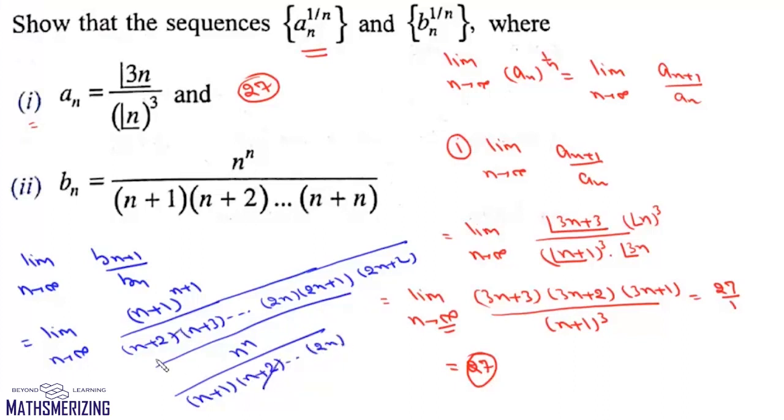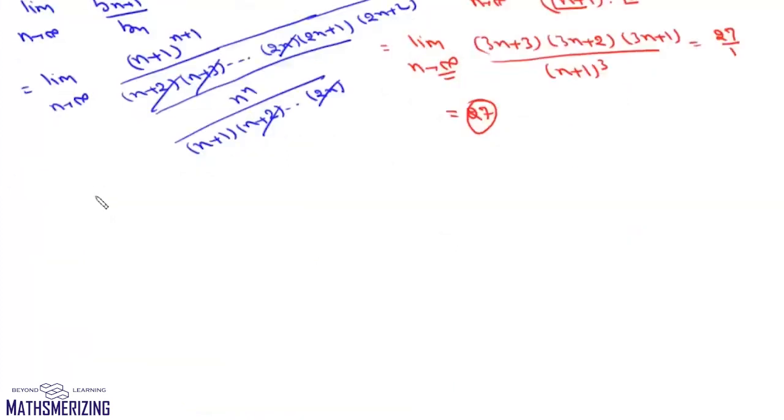Now n plus 2, n plus 3 up to 2n will cancel. Now we can write this as limit n tends to infinity of n plus 1 to the power n plus 2 upon n to the power n, 2n plus 1 and 2 into n plus 1. We'll cancel this n plus 1 once. So you'll get n plus 1 to the power n plus 1.